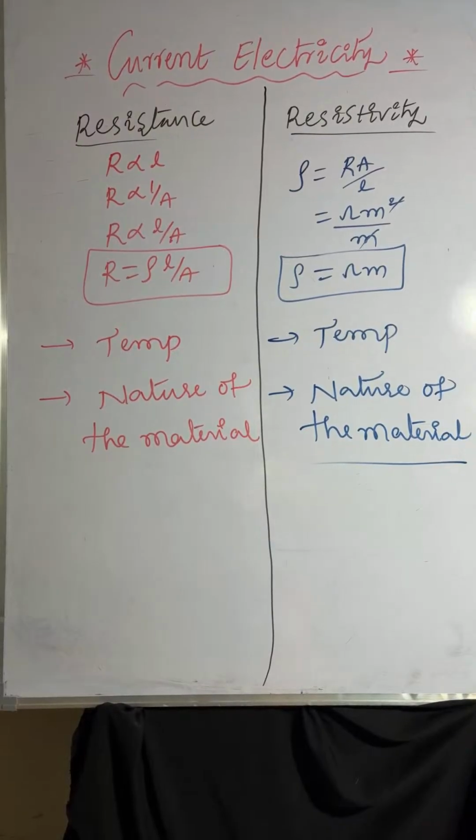Resistivity depends on temperature and nature of the material. Even resistance also depends on temperature and nature of the material, and on length and area of the cross section. So this is about the differences of resistance and resistivity.